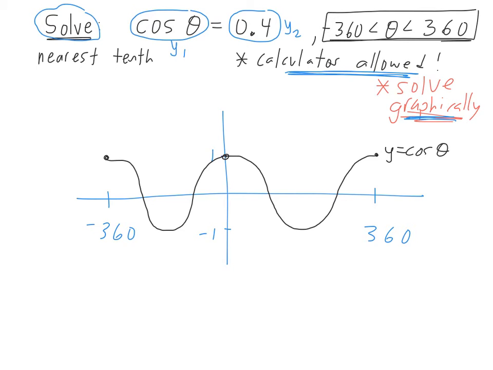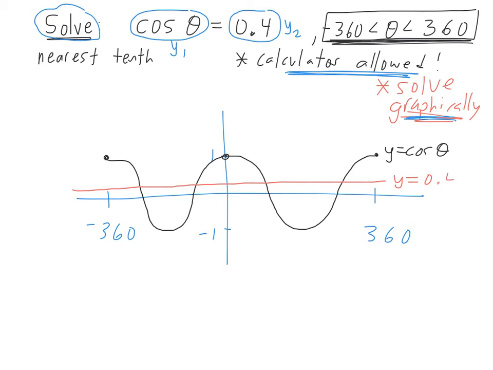It all depends on what our interval is here. My graph on my paper here, or my computer, is not perfect. It doesn't have to be perfect. It's just a sketch. Now that's just what I put in y1. Let's put in what we have in y2, which is 0.4. Well, y equals 0.4 is just going to be a nice horizontal line.